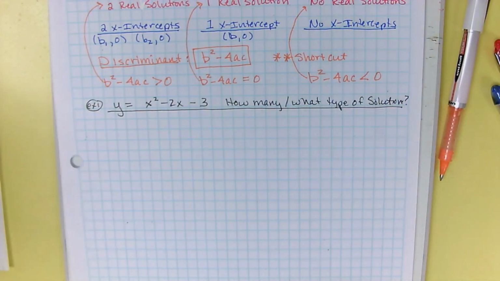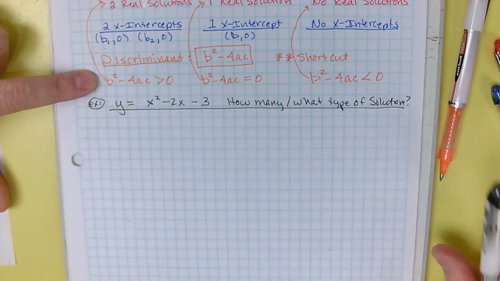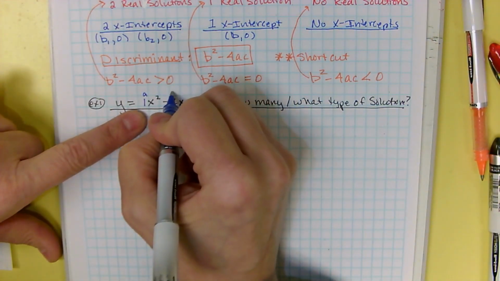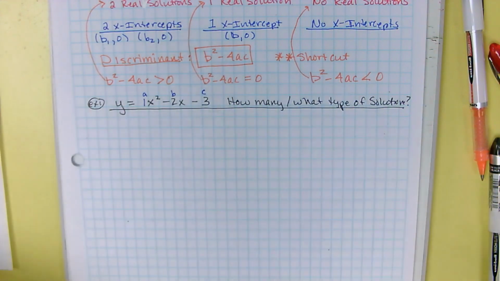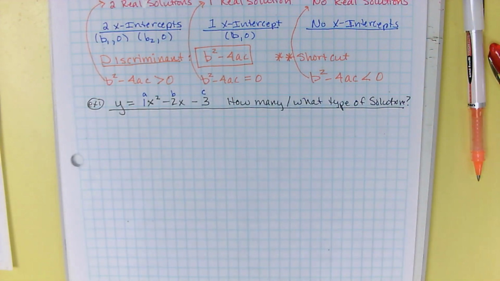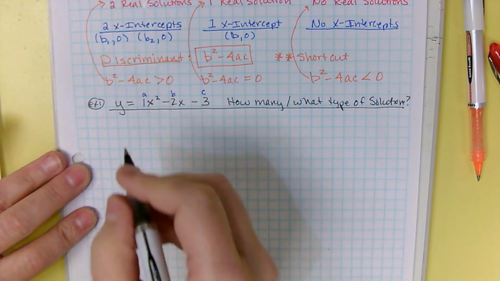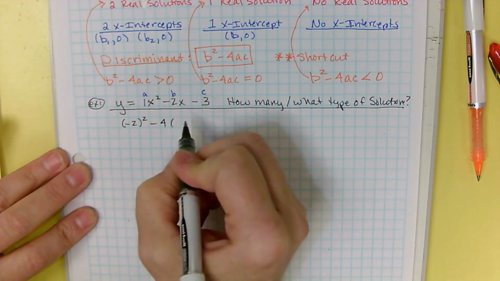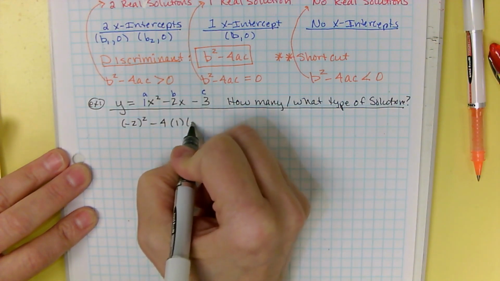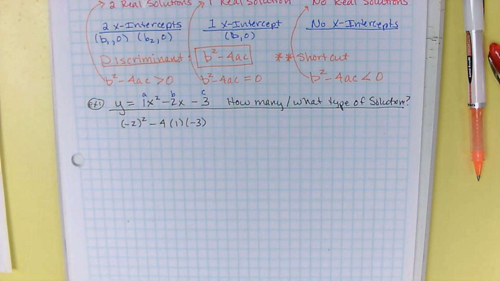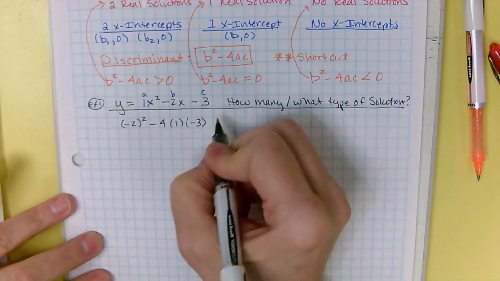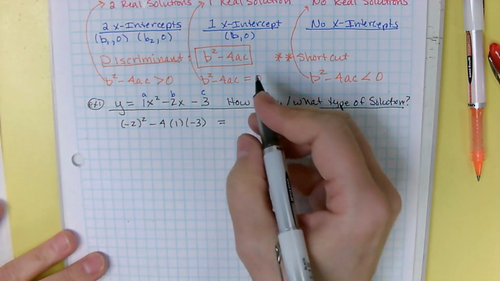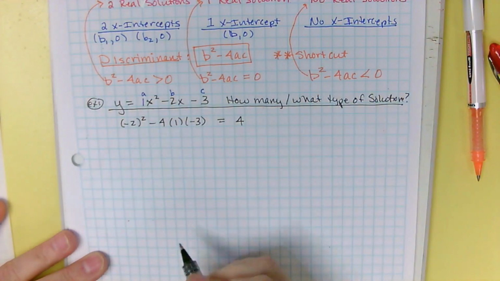All right, so the discriminant is b squared minus 4ac. So looking at your equation, a is 1, b is negative 2, c is negative 3. And put that into the discriminant formula. So b squared is negative 2 squared minus 4 times a, which is 1, times c, which is negative 3. Just like before, powers go first. Negative 2 times negative 2 is positive 4.